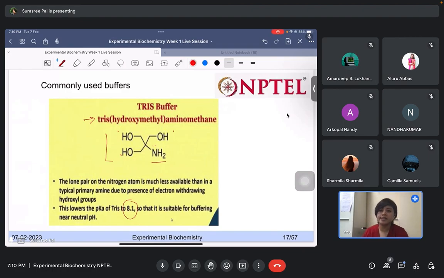So you can assume the buffering range, approximately from 7 to 9, right? So it is a suitable buffer near neutral pH. The pH range will be 7 to 9 because the pK is 8.1, right?